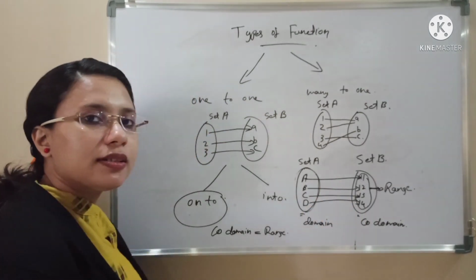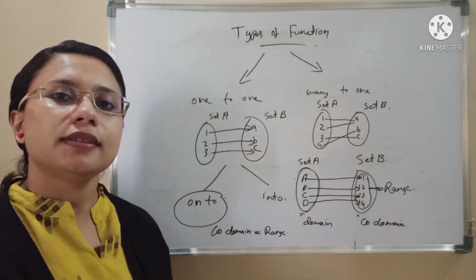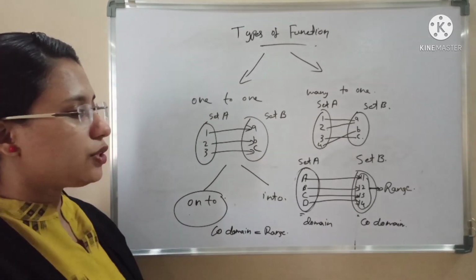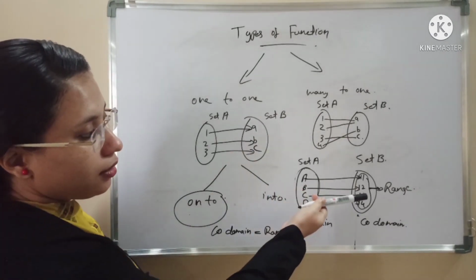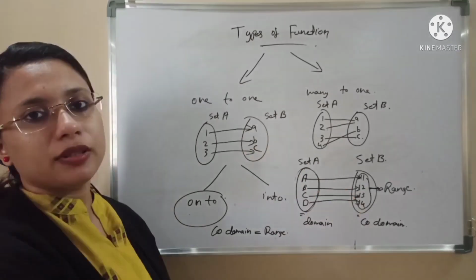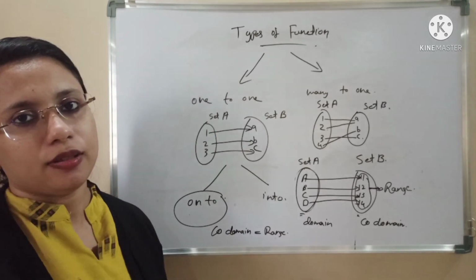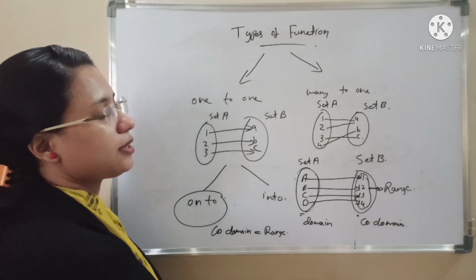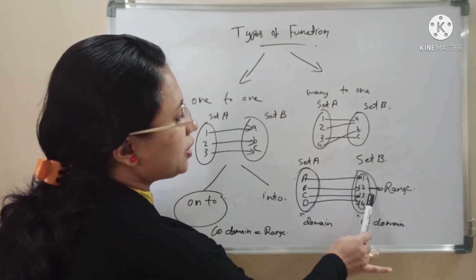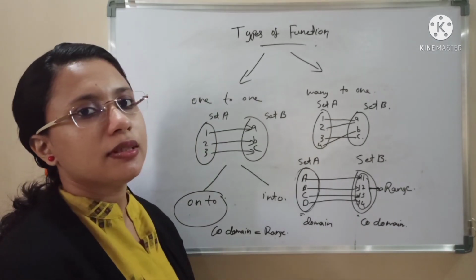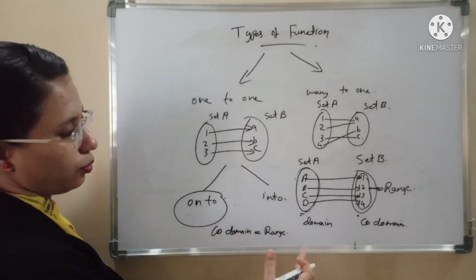It is not compulsory that all the elements in the codomain are related with elements in set A. There are cases where there can be more than 4 elements, so that there will be free elements without any relation. But here all the elements are related, and the range is equal to the number of elements in the codomain. So that is onto.